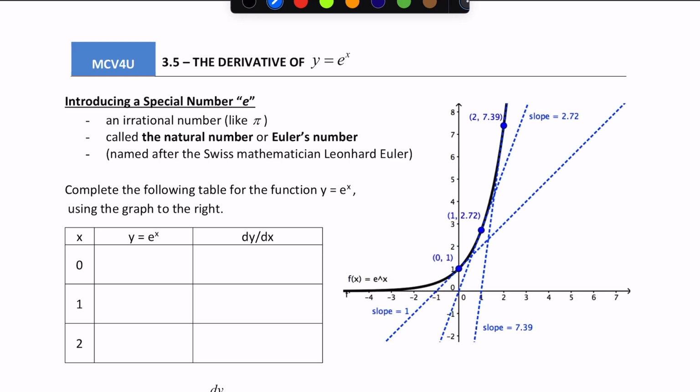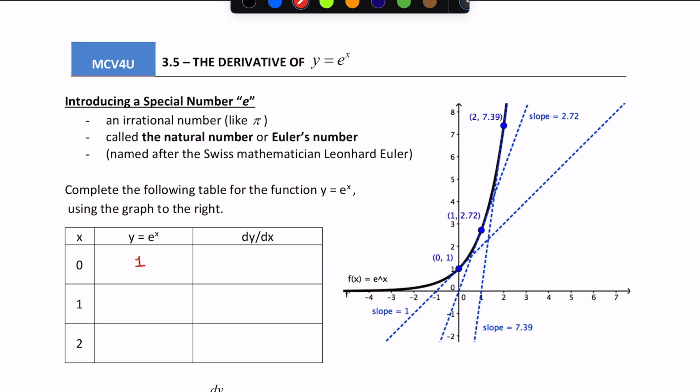It says complete the following table for the function y is equal to e to the power of x using the graph to the right. So here at 0, at 0, we see that it would have a value of 1.